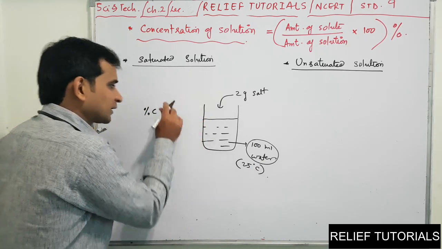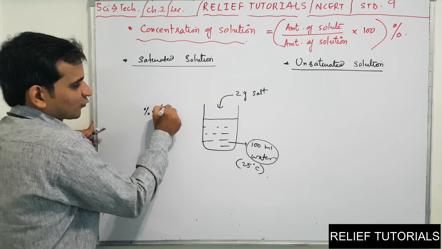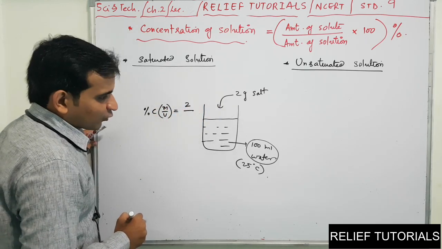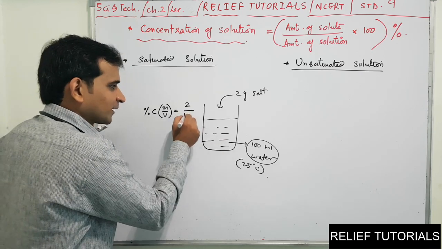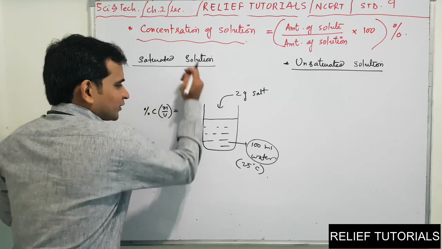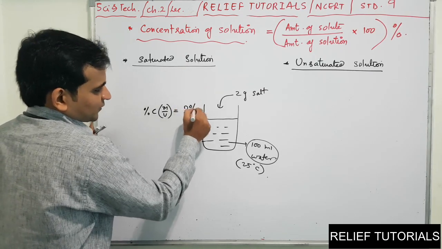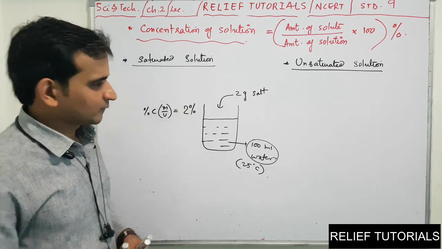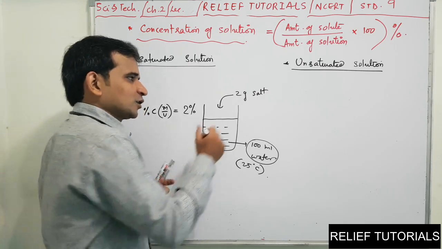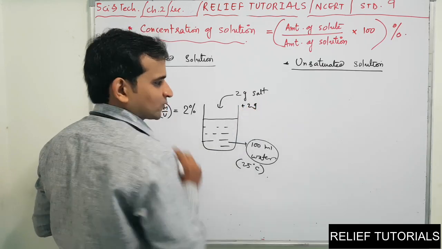So in terms of mass by volume ratio, mass of solute is 2 gram and volume of solution is 100, multiplied by 100, so 100 will be cancelled. So here the concentration is 2%. Okay, same solution. Now add 2 more gram of salt.